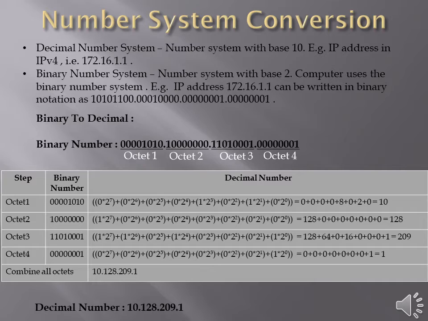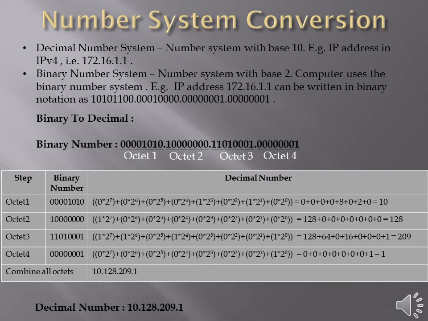Again, this time we have a binary number, that is 1 and all remaining bits 0. So it means the first bit is 1 and all the remaining are 0. So 2 raised to power 0, 2 raised to power 1, 2 raised to power 2, 2 raised to power 3, 2 raised to power 4, 2 raised to power 5, 2 raised to power 6 would be multiplied by 0, and only 2 raised to power 7 will be multiplied by 1, which will result in 128, meaning 2 raised to power 7 is 128.